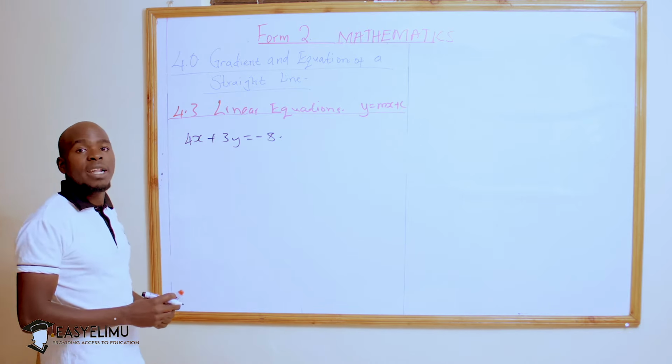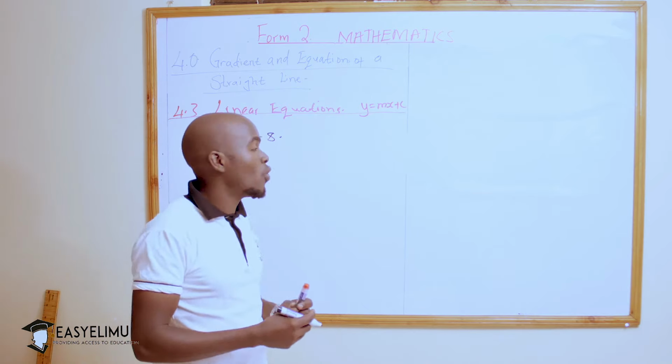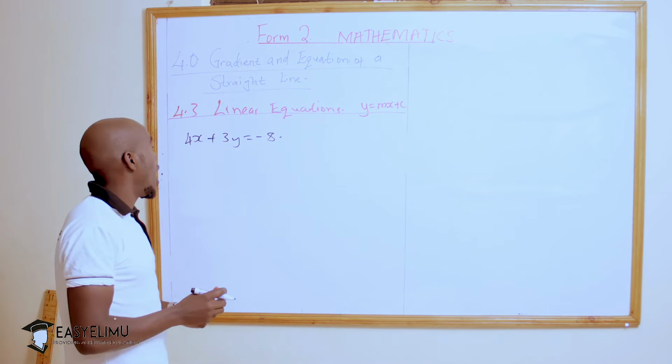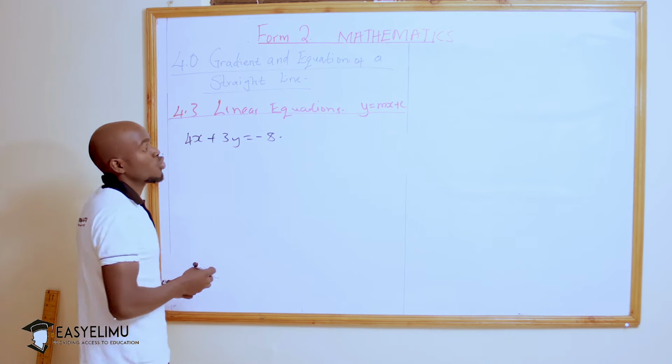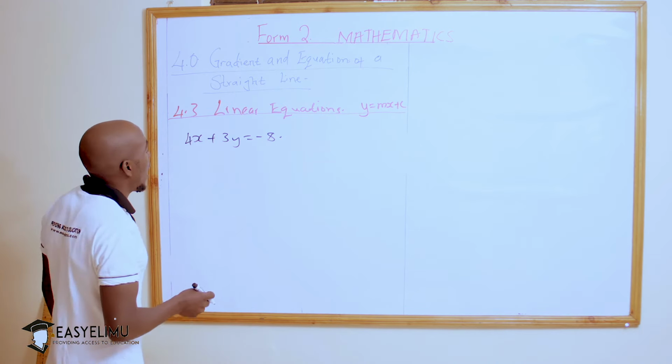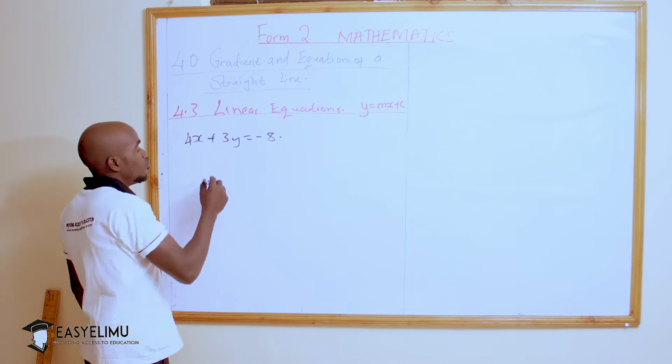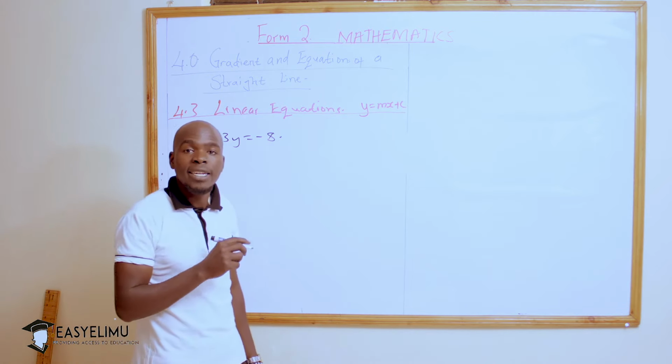this equation can be rewritten into linear equation form because it is mixed up, and you can write it in the form y equals mx plus c, making y the subject.